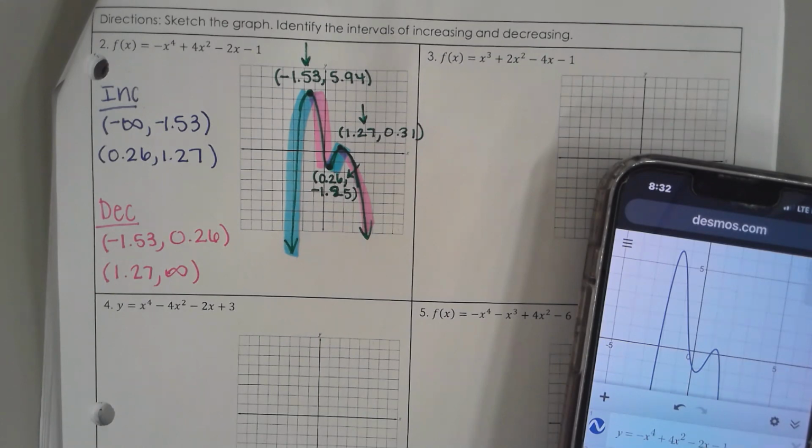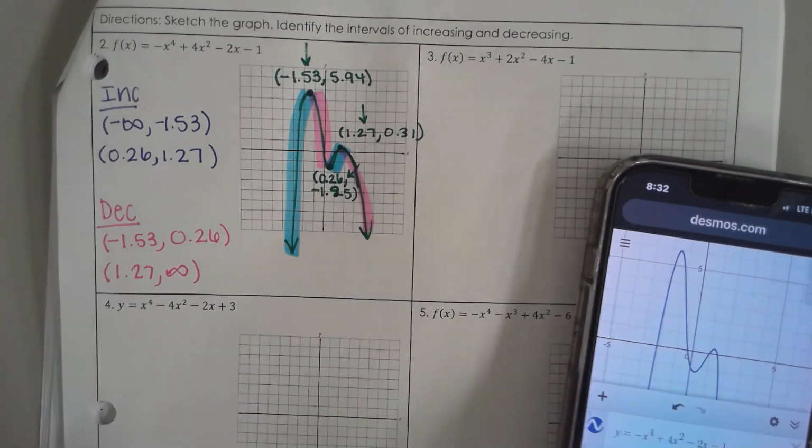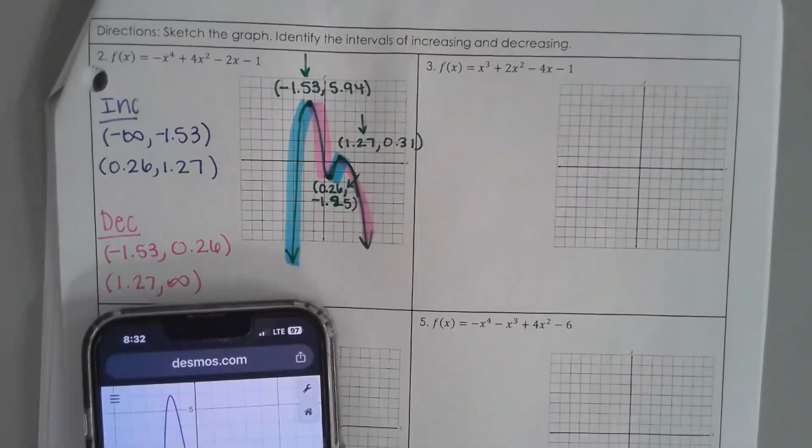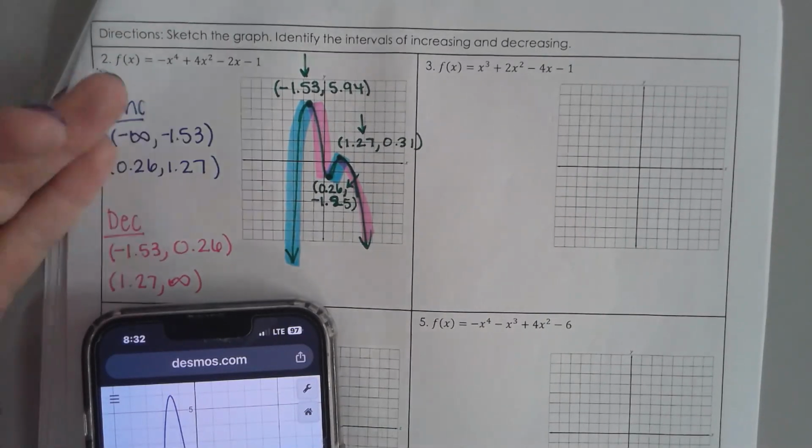So you should have an interval that starts with negative infinity on the left, and your very last one should end with positive infinity. You shouldn't have any missing numbers anywhere. Like you stopped at 1.53, you pick back up at 1.53. That should be the same thing you do with all of these examples. They won't always start with increasing. They may start with decreasing.